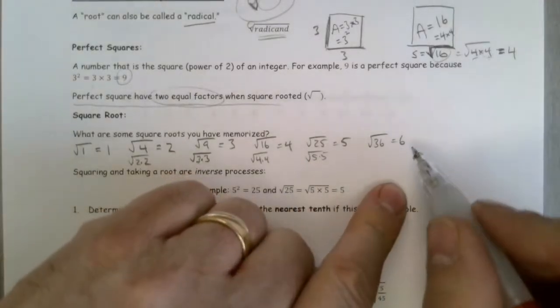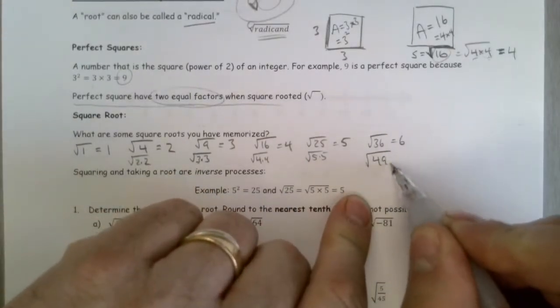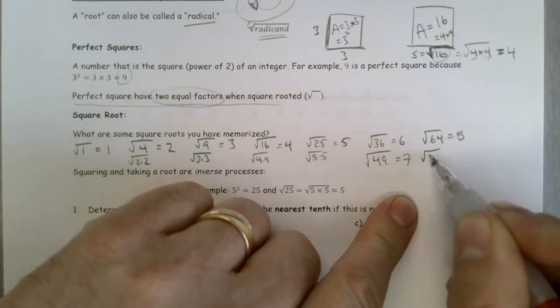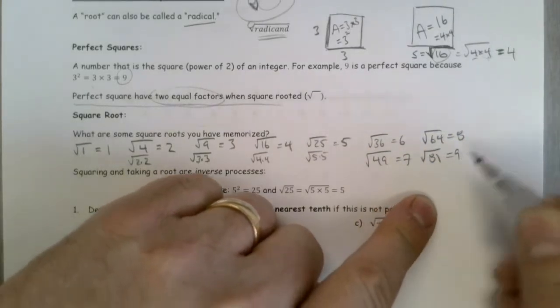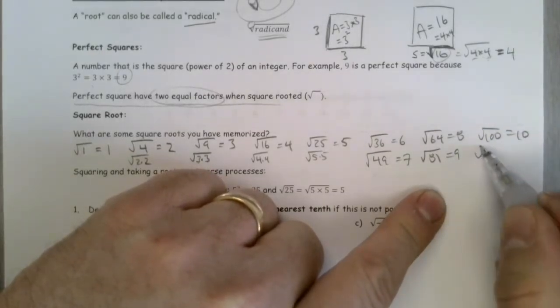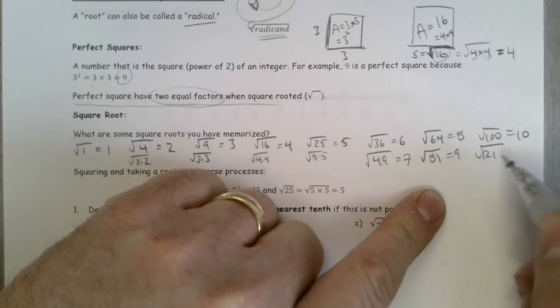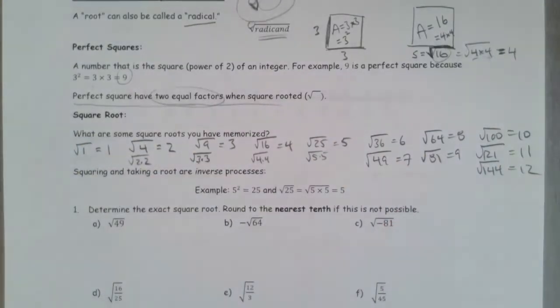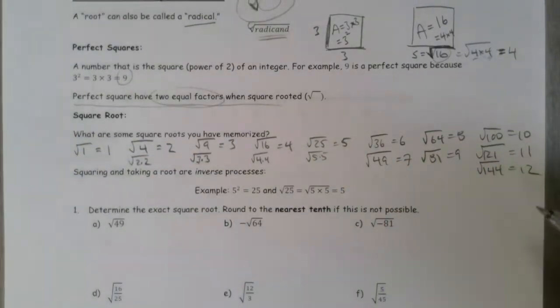So you probably know 36, 49, 64, 81, 100. And I wouldn't be surprised if a few of you know 121 is 11 and the square root of 144 is 12. I suspect a lot of people are comfortable up to about 12, and then they start to waver a little bit on what those values are.